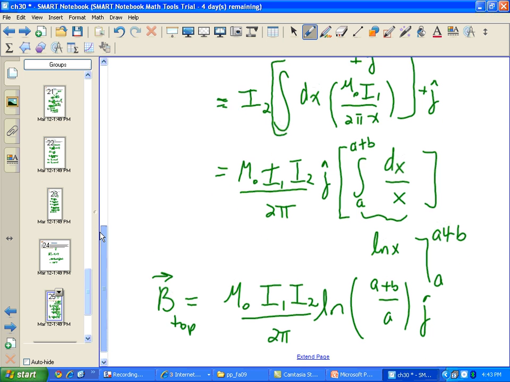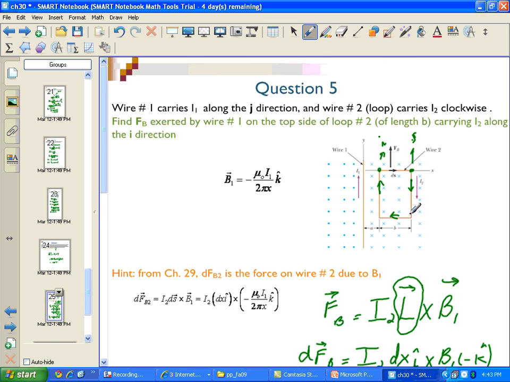Now, let's go ahead and see if we can work out the sides. Let's look at the side right here, which is closest to wire 1 at a distance a. Well, in this case here, notice that the value of the magnetic field is the same at every single point of this wire. And so B is not going to vary.